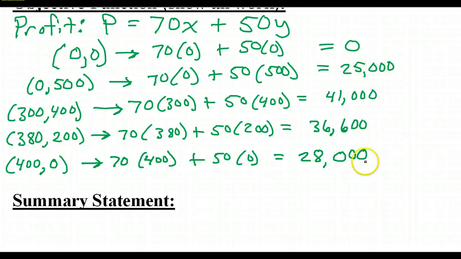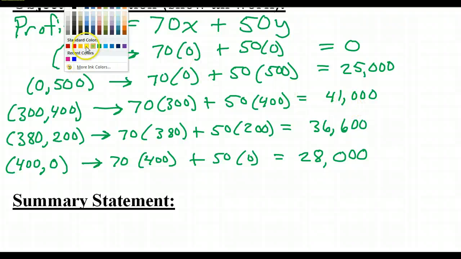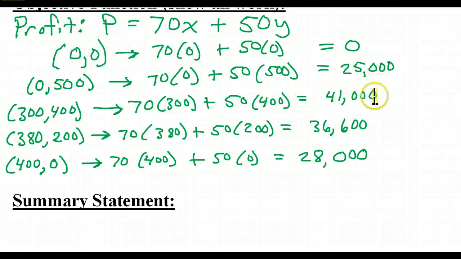These are the results. The main thing we care about is that maximum value, where you can see that the maximum value is 41,000. And that occurred at this point, (300, 400).